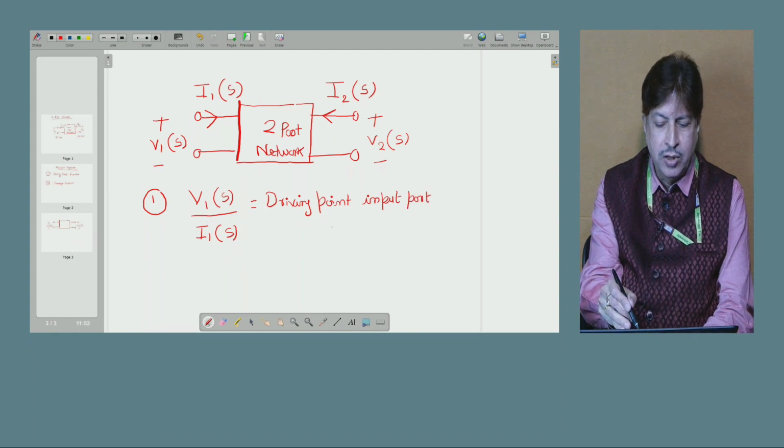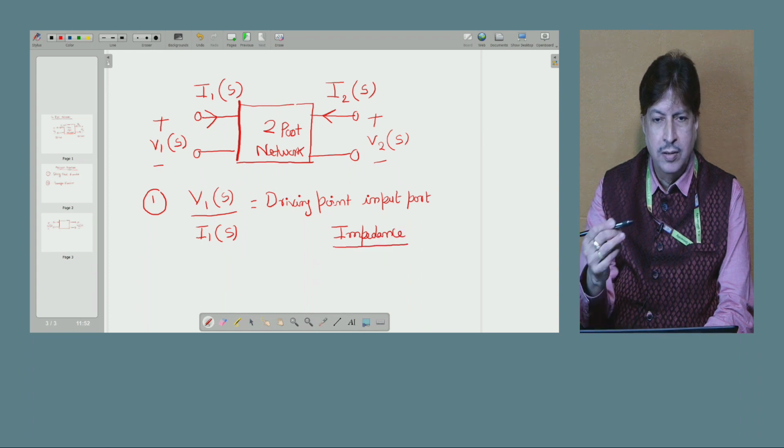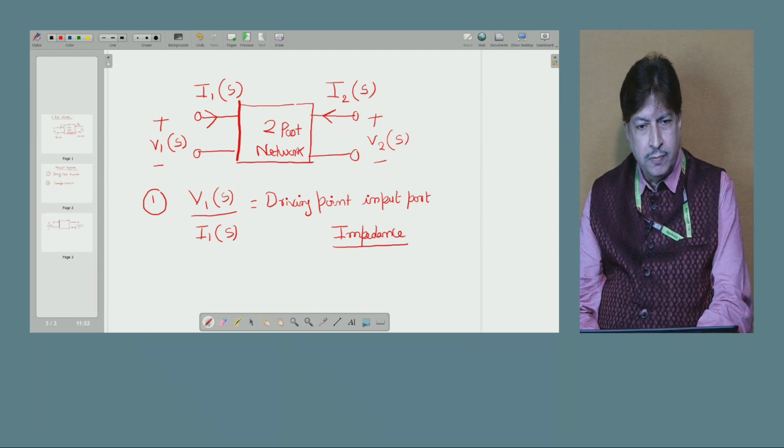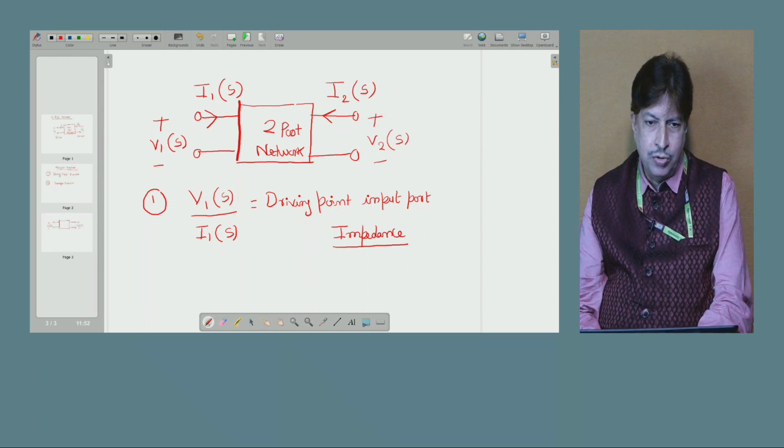Look at this word, impedance. Whenever voltage to current ratio is considered, that function is called impedance.